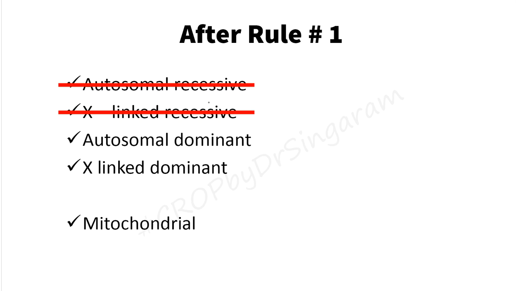If after rule number one you are not able to come to a conclusion, then you are left with three things: autosomal dominant, X-linked dominant, and mitochondrial inheritance. Now, in the next few minutes, I am going to tell you that I will rule out X-linked dominant and mitochondrial. Then only my last diagnosis will be autosomal dominant. Why? I will tell you the explanation now.